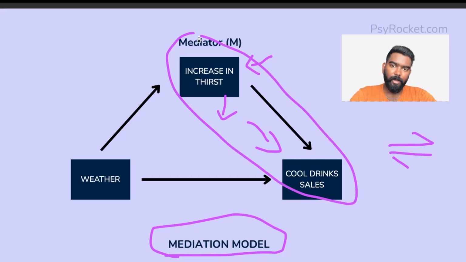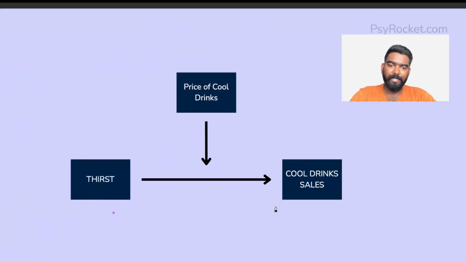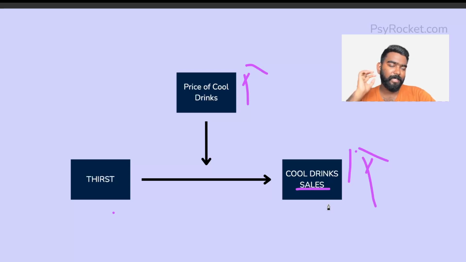Obviously, when there is an increase in thirst, cool drink sales will increase. But how and when? Suppose the price of cool drinks is very high. Suppose your country's government has more taxes on soft drinks. Then is there a chance that the cool drink sales will increase? Obviously no, because they will be costly and people will be hesitant to buy them.